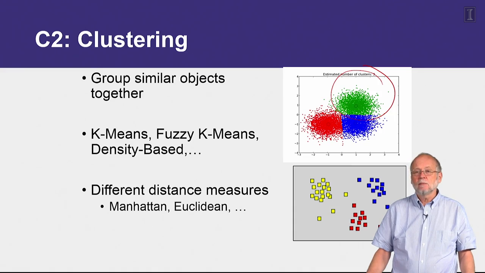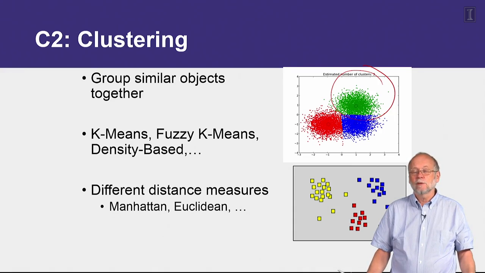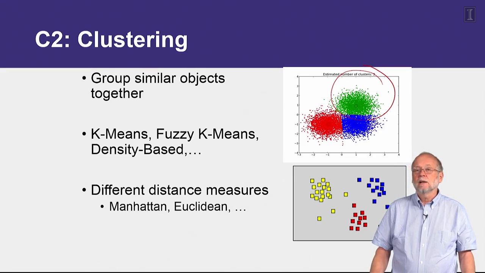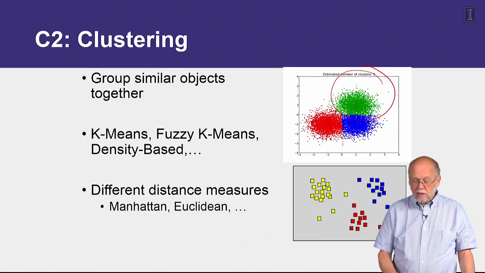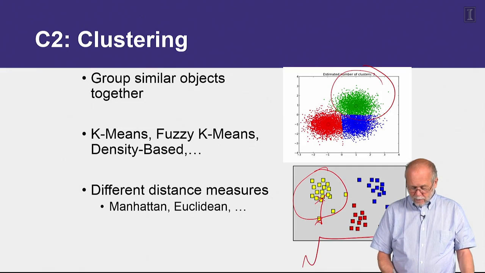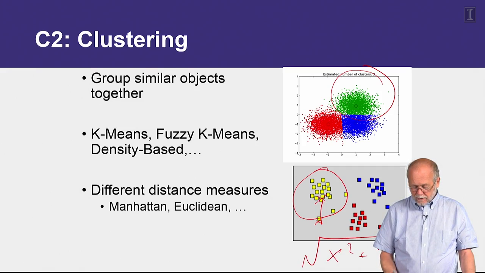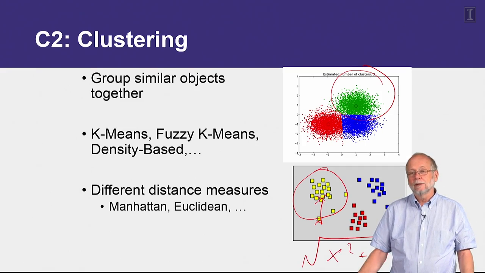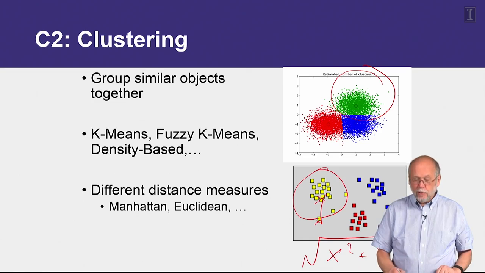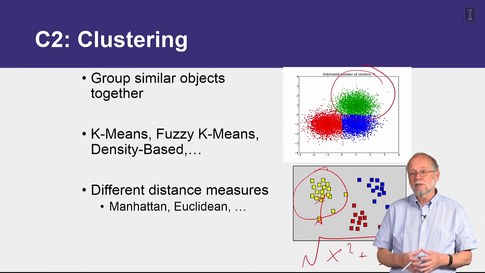The most popular one is k-means. There are k-means based on fuzzy probabilities called fuzzy k-means. There's density-based, there's different types of approaches, but one of the more popular ones is just to take the distance between the points in these diagrams and make a Euclidean measure. So if you're going to go from there to there, what you're going to end up with is the square root of the 2 dimensions, it's the Euclidean distance, and use that to indicate if points are close to each other, they exist in one cluster.